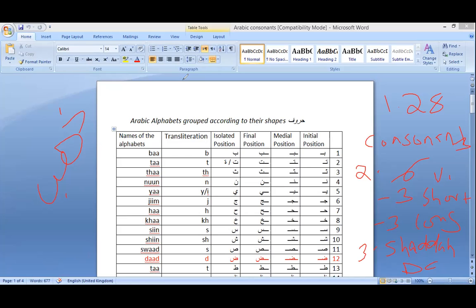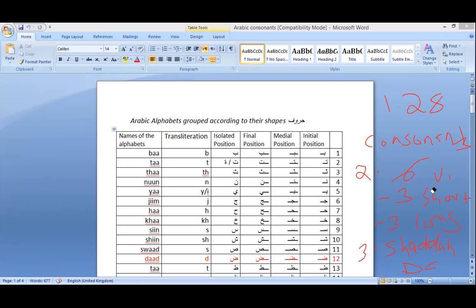If you replace this one with another one, the meaning changes. That's what we mean by phoneme. Each and every one of the 28 letters, if you put another one in the place of the other one, the meaning changes.